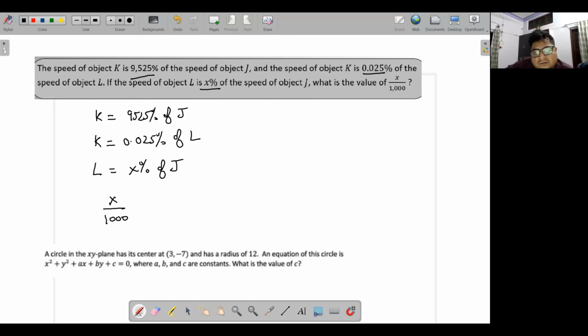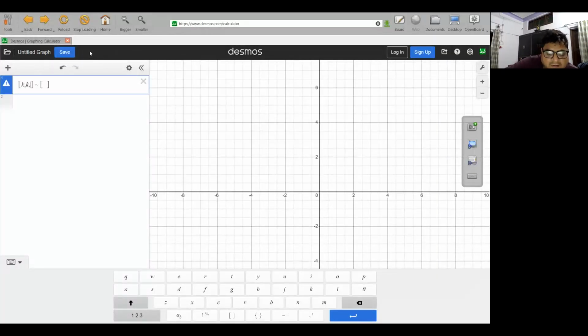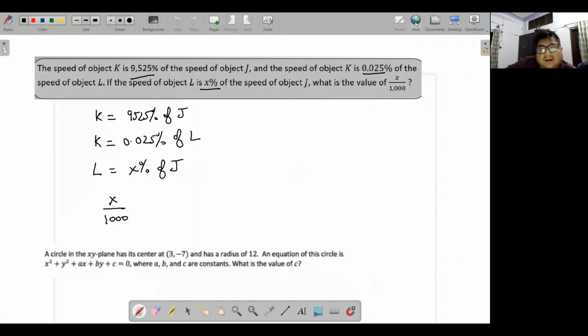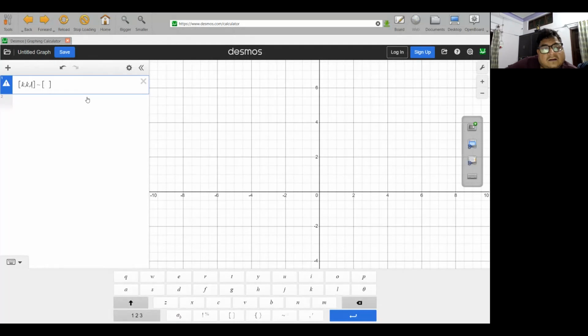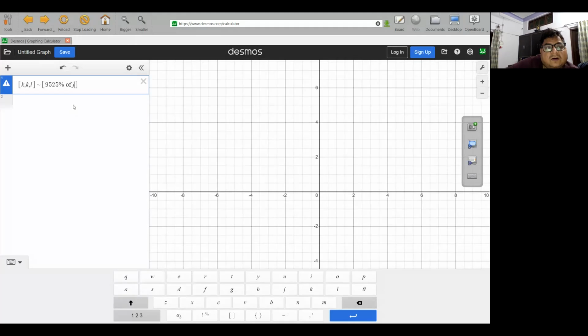What we can do, I write all those things in this function. So we have k, k, and we have another one, L. Then 9525% of, so if you write 9525%, it automatically adds "of" and it says J. So you can write it as J, comma.